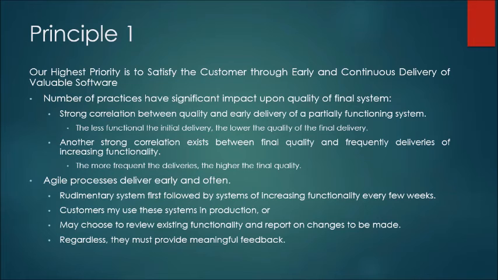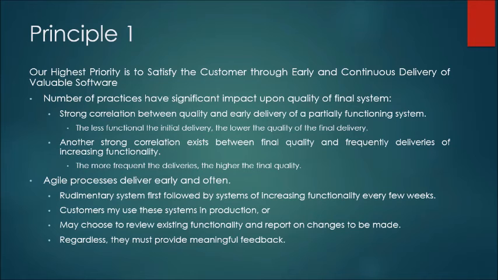A number of practices have a significant impact upon the quality of the final system. There is a strong correlation between quality and early delivery of a partially functioning system. The less functional the initial delivery, the lower the quality of the final delivery.